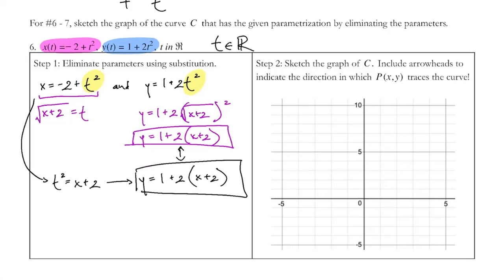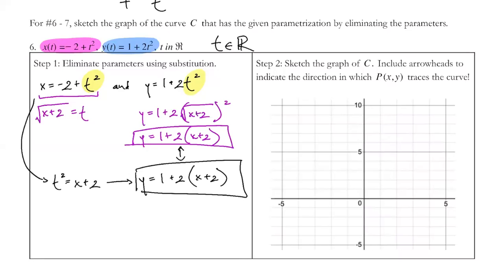All right, so now that we have this rectangular equation, y equals 1 plus 2 times x plus 2, what shape is that? Yeah, it's a line.